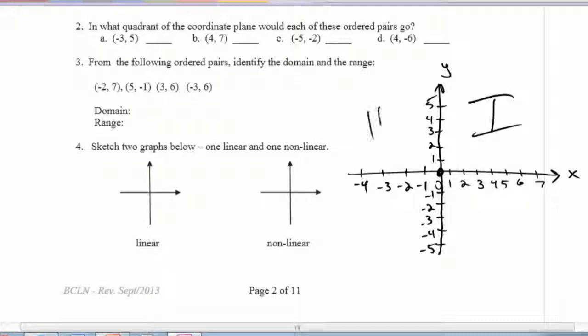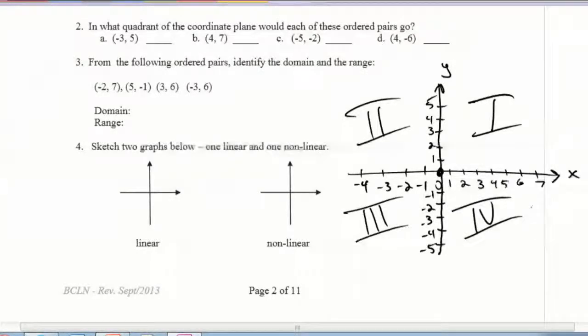There's 1, that's 2, that's 3, and that's 4. Why do we use Roman numerals? I don't know. That's what they do though. So that's just a quick rundown of ordered pairs. Remember, ordered pairs always have the first term is our x, and then the second term is our y. It's always an x-y ordered pair. There's no exceptions to that rule.